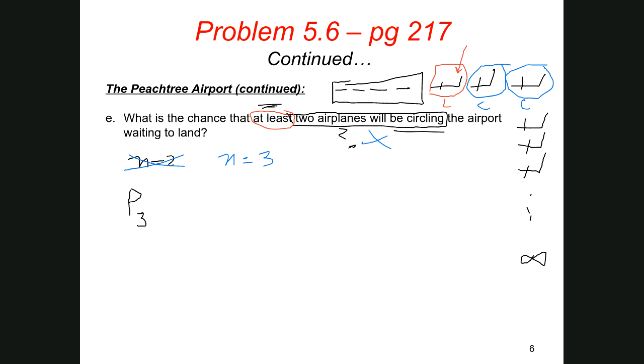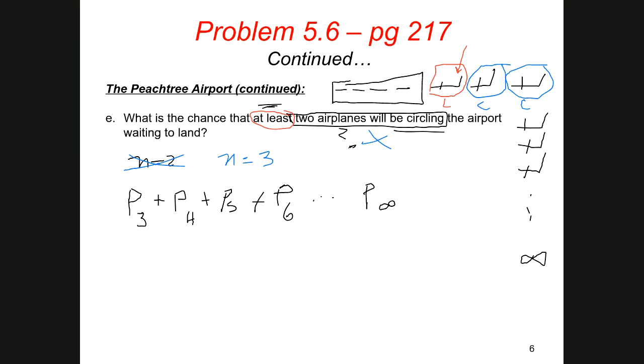And so that would mean we would need to calculate this probability P3 plus P4, the case where 4 are in the system, plus the case where 5, plus the case where 6, and so on and so forth, all the way out to P infinity. And that's a lot of work.